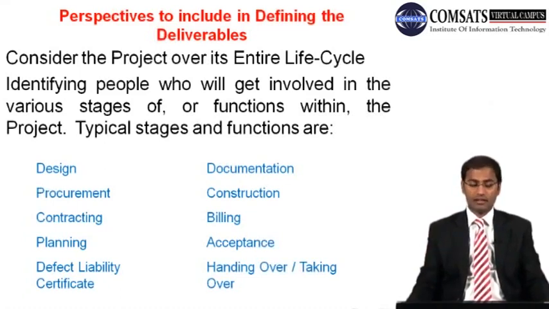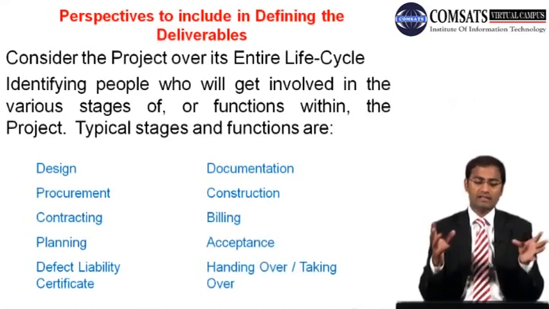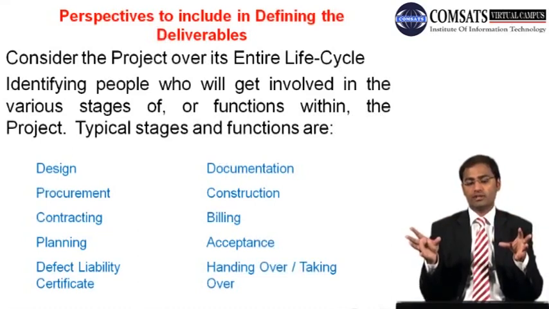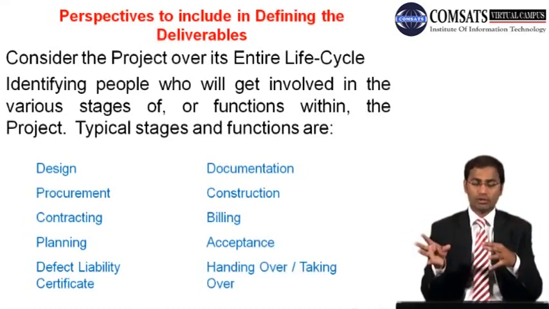Then contracting, and then planning, when the project team comes into play. Then there is documentation, construction, billing, acceptance, defect liability certificate, and taking over certificate. These are a few stages which can be considered for a construction project.